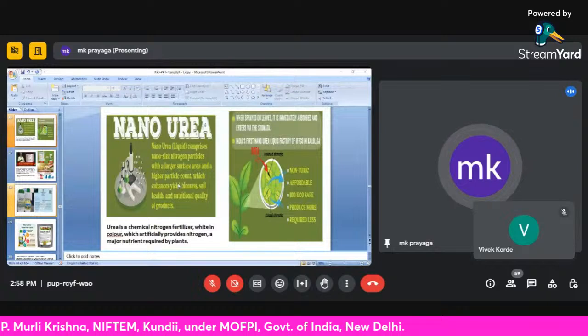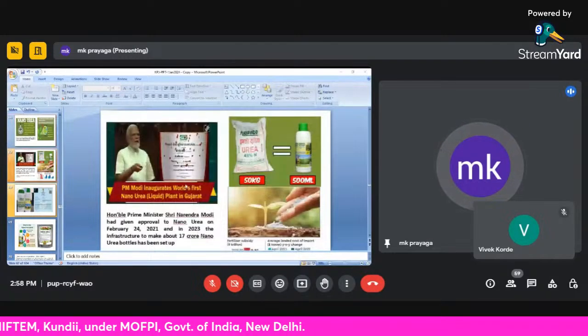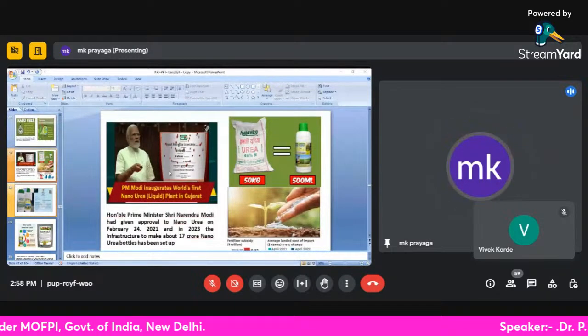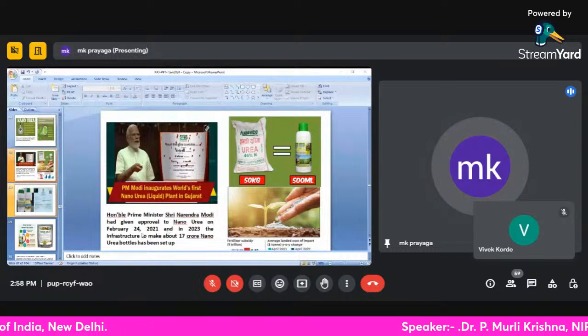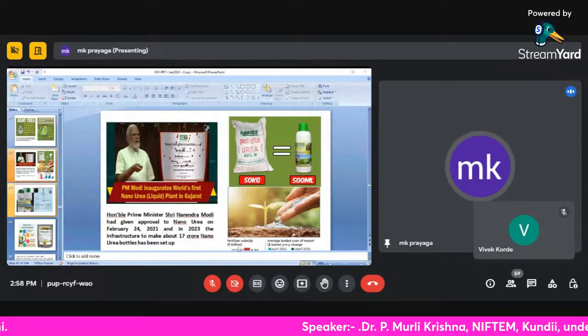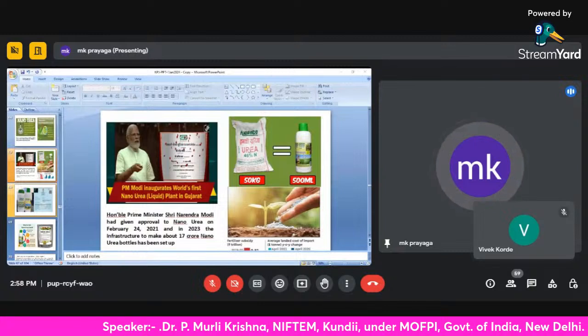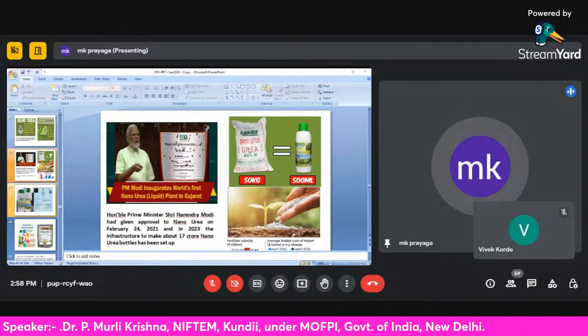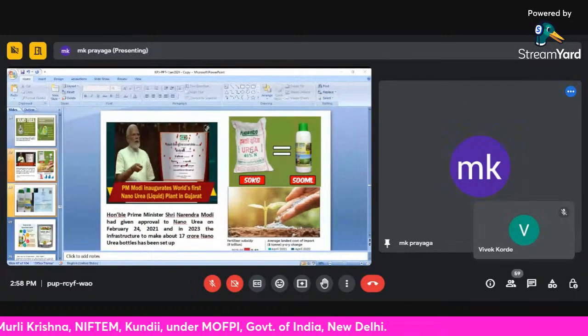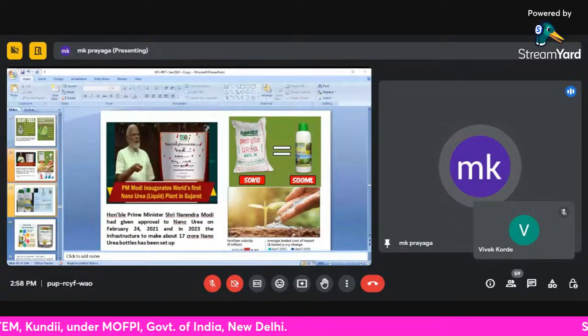India developed it first, and our honorable Prime Minister released it in 2021 for the farmers. And you can find a very huge difference between this nano urea and the regular normal urea, the fertilizer, which farmers are using.